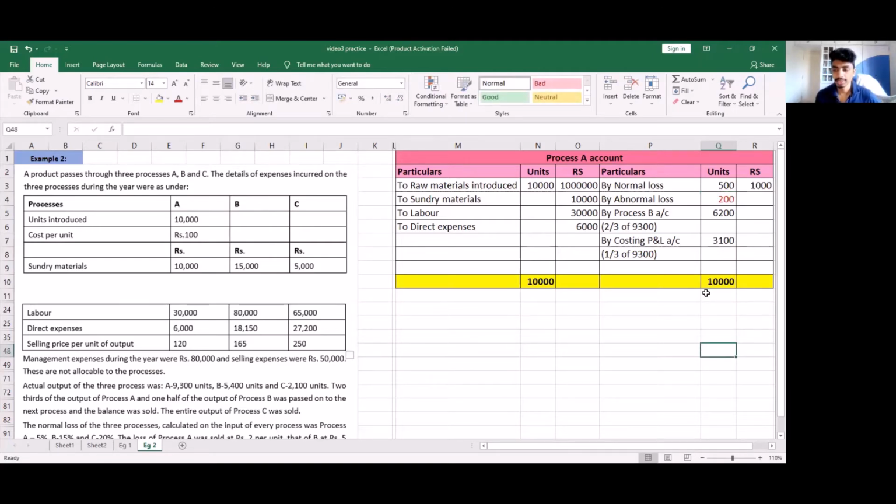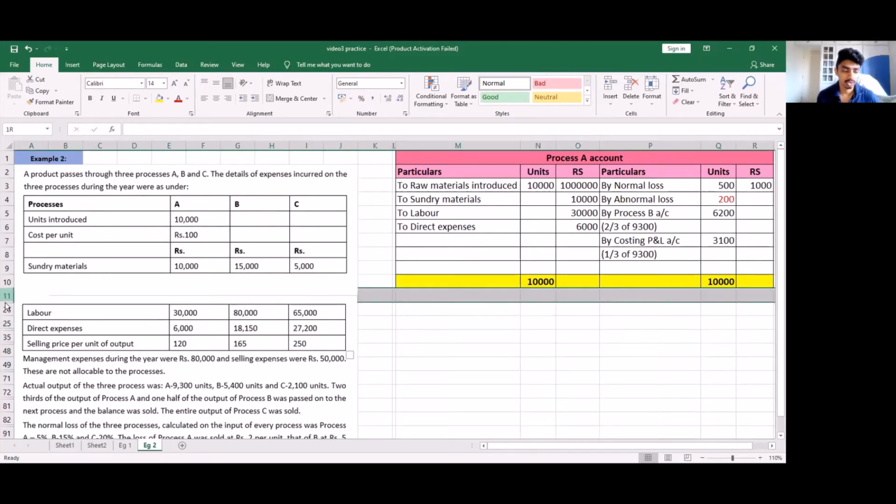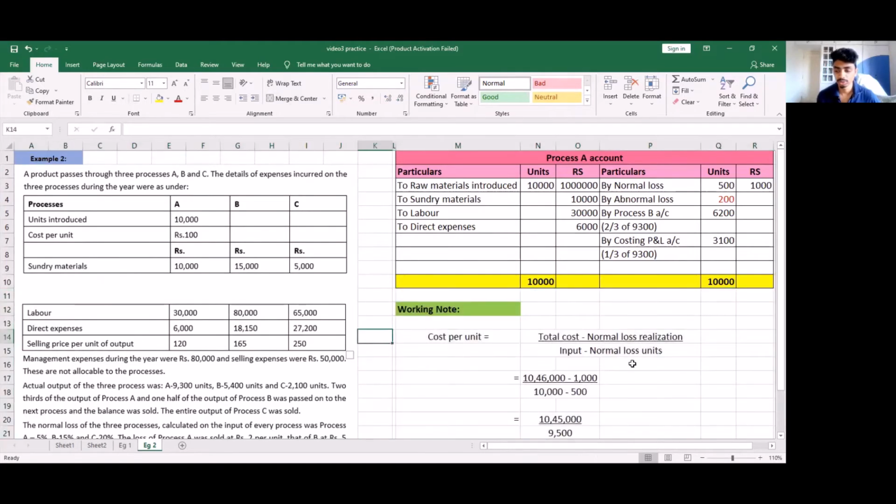Now, to find the values of abnormal loss and our output, which includes the output being transferred to the next process and the output being sold, we will use the cost per unit formula. The cost per unit formula is total cost minus normal loss realization divided by input minus normal loss units. So our total cost is going to be the sum of our debit side, which amounts to 10 lakhs and 46,000.